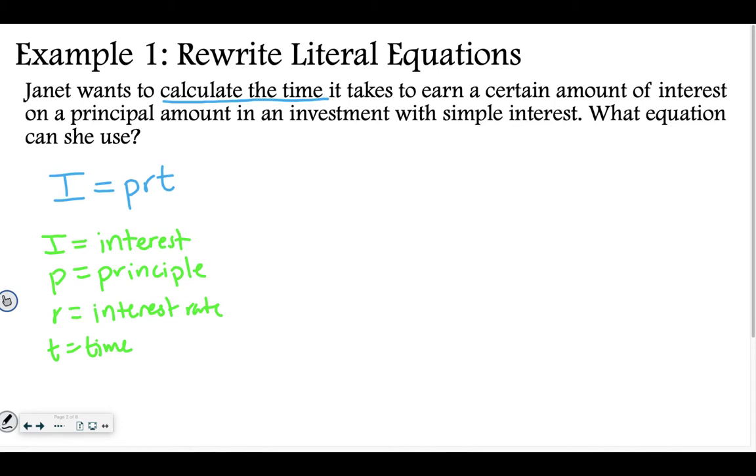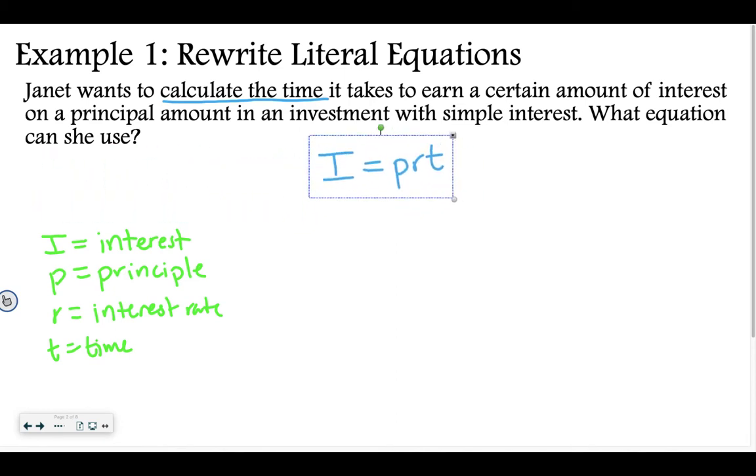So she would use this I equals PRT, except if she was using I equals PRT and she wanted to calculate the time, that means that I want to move some of these variables around. I have I equals PRT, but I want to know the time. That means I want to get T all by itself.